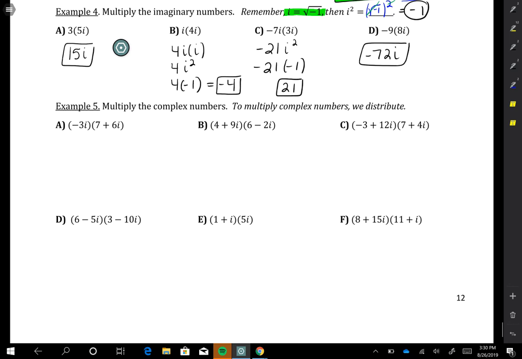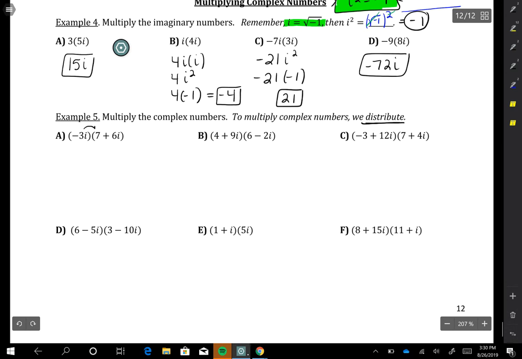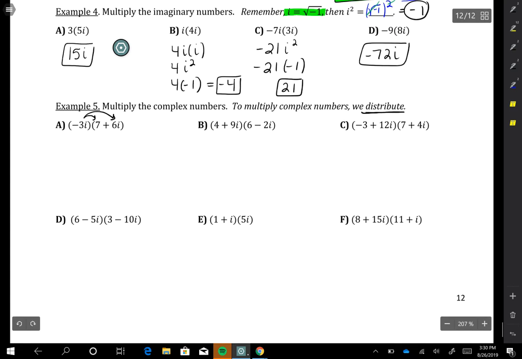So now we're multiplying the complex numbers. To multiply complex numbers, we distribute, just like we do if we had polynomials with x's. Letter A, I have -3i times 7 plus 6i. So I need to distribute this -3i into this complex number. -3i times 7 is going to be -21i. And -3i times a positive 6i is going to be -18i squared.